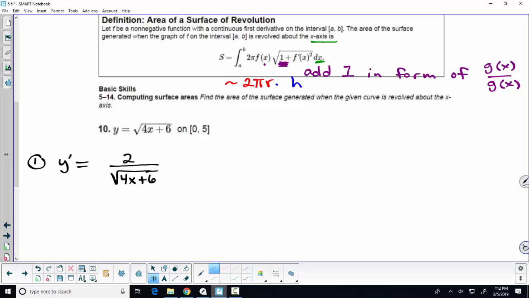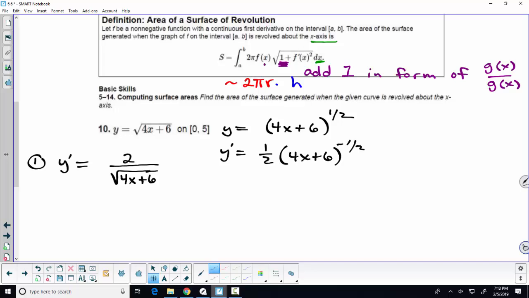So think about this function as the 1/2 power. So we have the chain rule involved. So the derivative of the outer, leaving the inner alone, times the derivative of the inner.